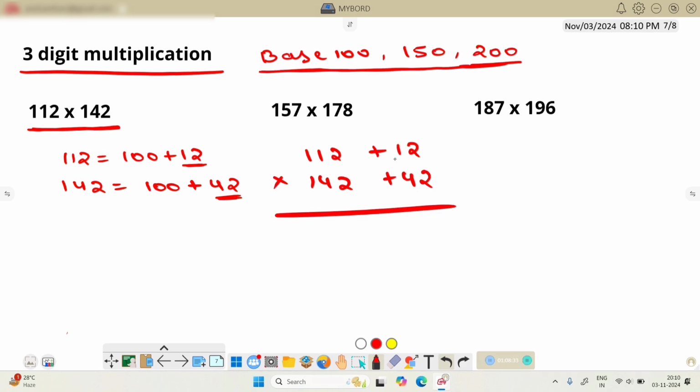Okay, now you just crossly add, not multiply. Okay, you just crossly add these numbers, you will get the same answer. 112 plus 42 or 142 plus 12.